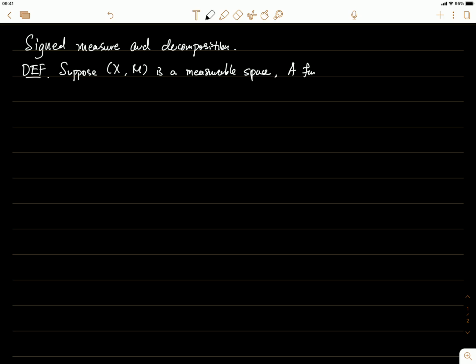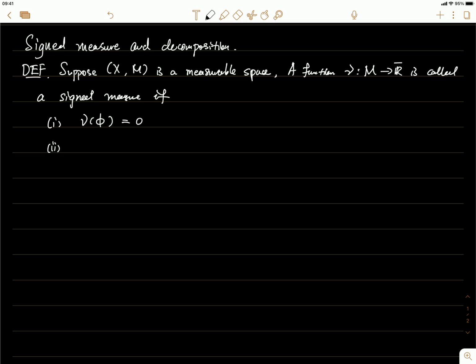A function nu, a mapping from M to the extended real numbers, is called a signed measure if the following three conditions hold. First, the empty set has measure 0.